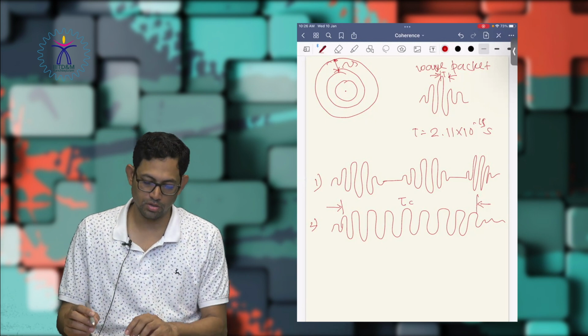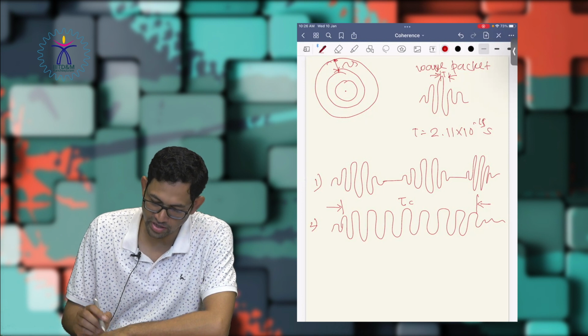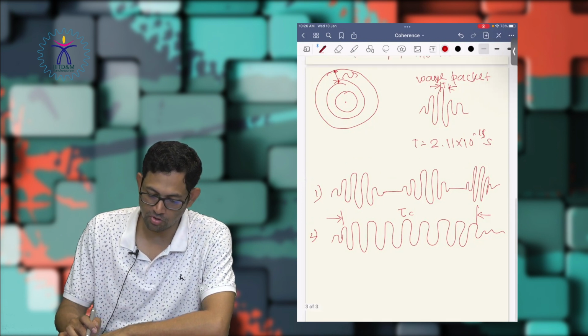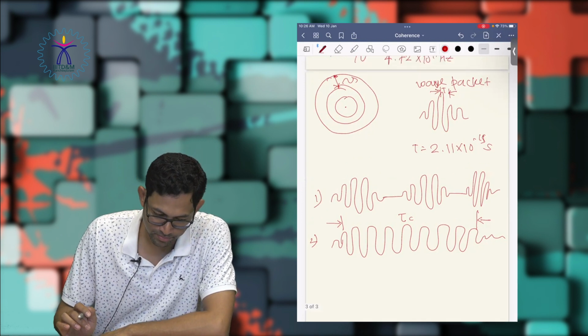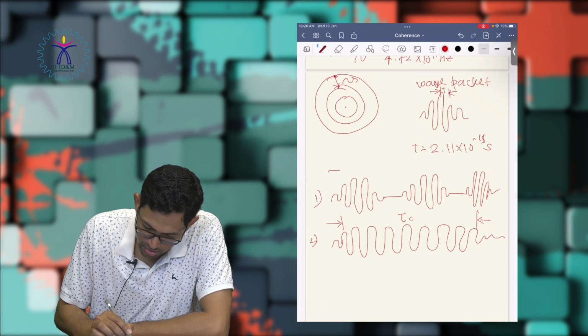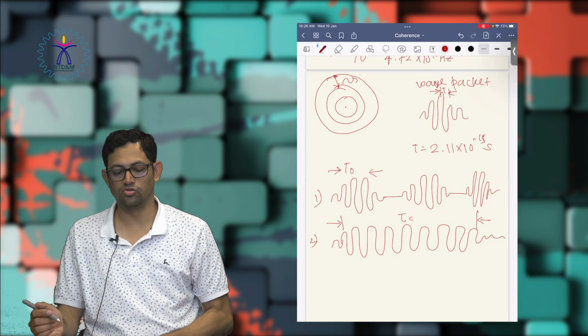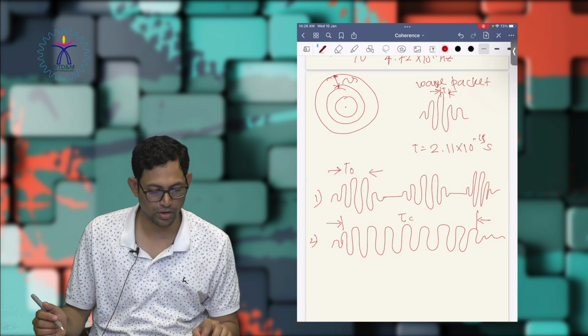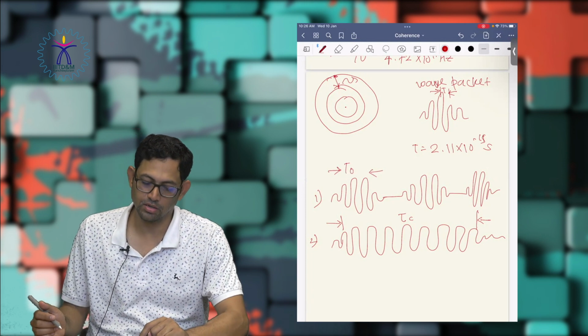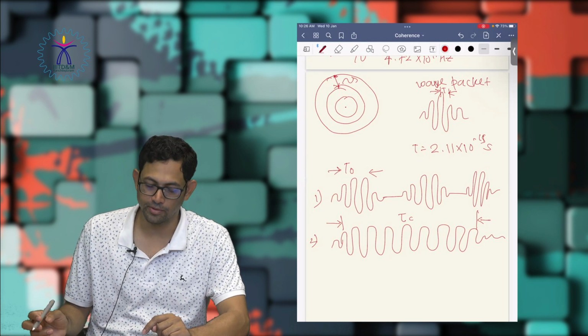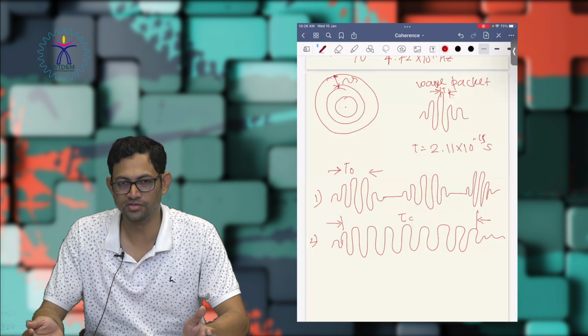Okay, so we can define coherence in terms of the wave packets. Consider a single wave packet that has the time duration of t naught. Here there are three definitions that we are discussing.